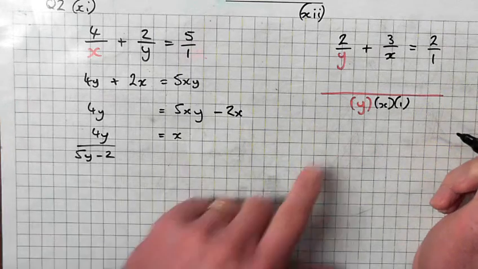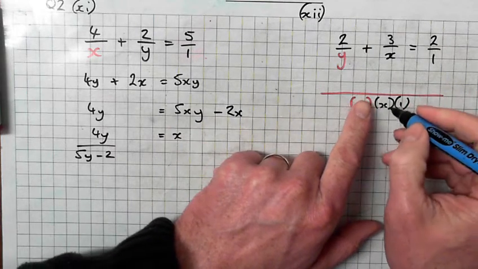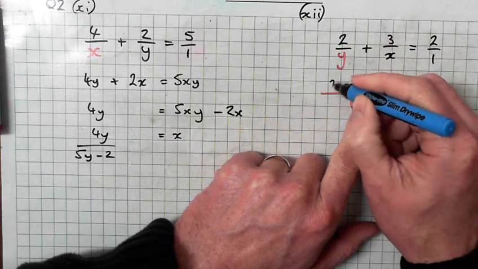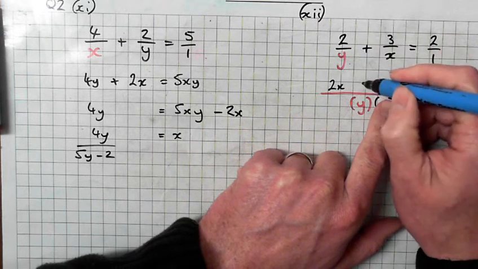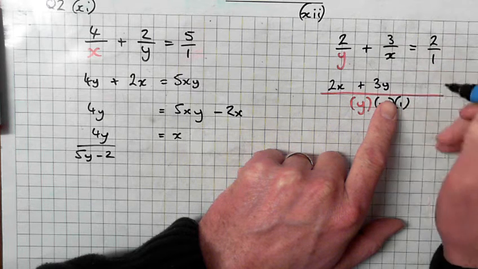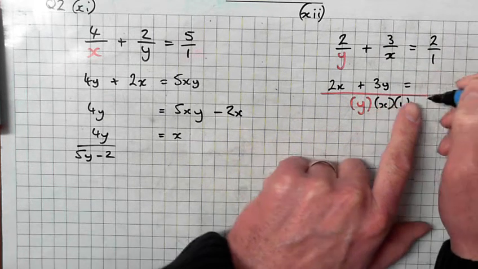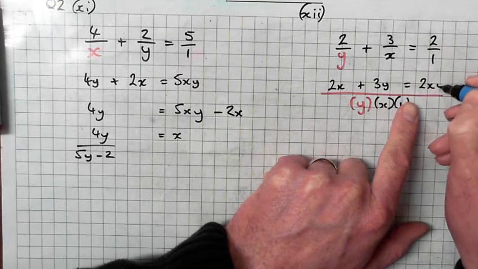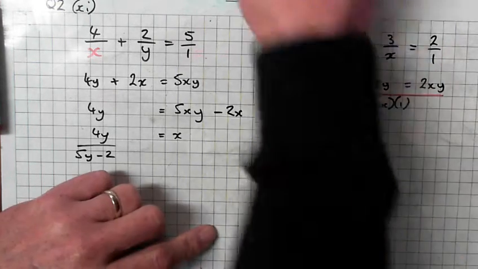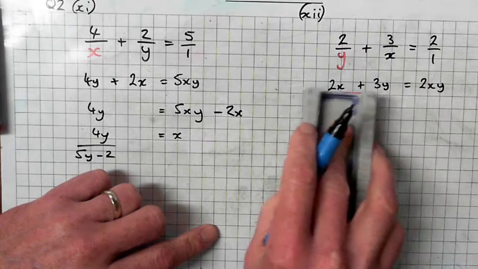Alright, so divide Y in there and you have 1X left. 1X times 2 is 2X. Divide X in, I'm left with 1Y times 3, plus 3Y. Well done. And divide 1 in there, and I'm left with XY times 2. 2XY.